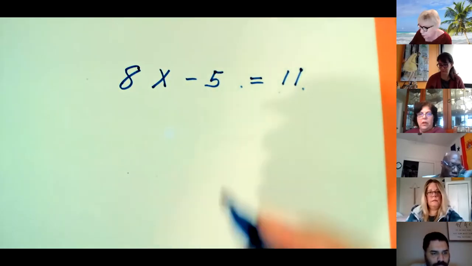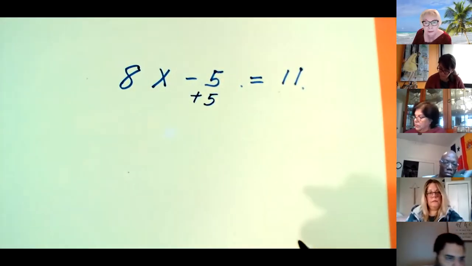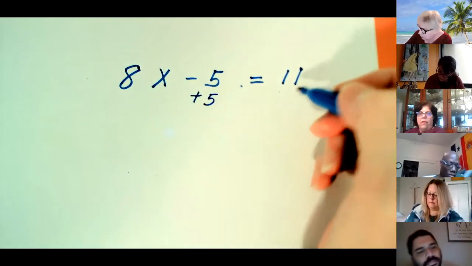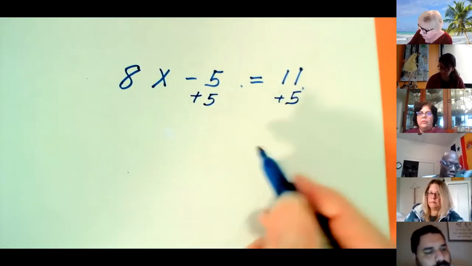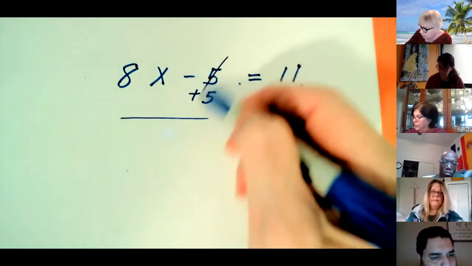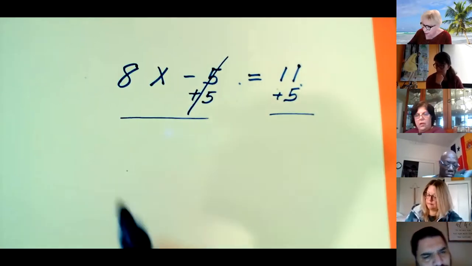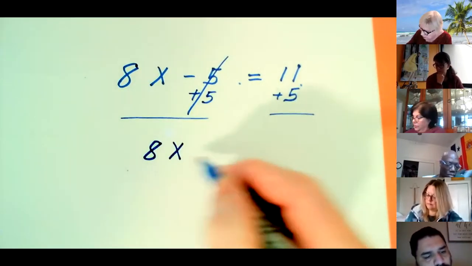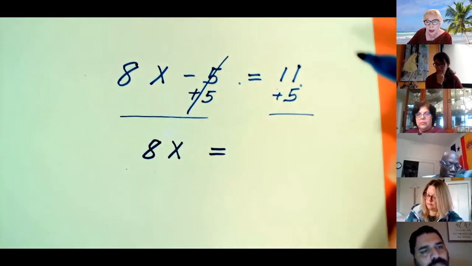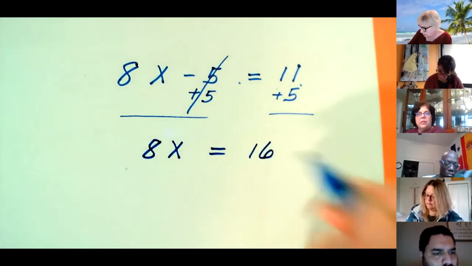And I'll write this out for you in a minute. Subtract 5, I want to add 5. 11, I want to add 5. The -5 and the +5 are gone. And I'm left with 8x. The 11 and the 5 make 16.